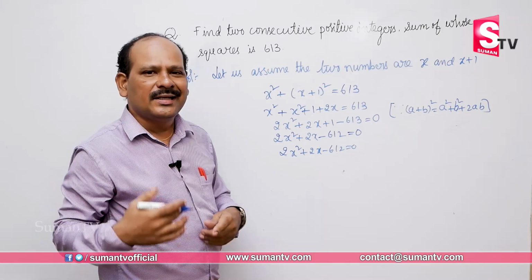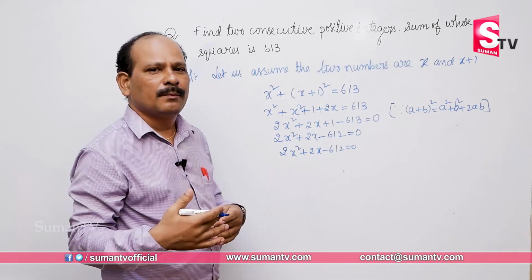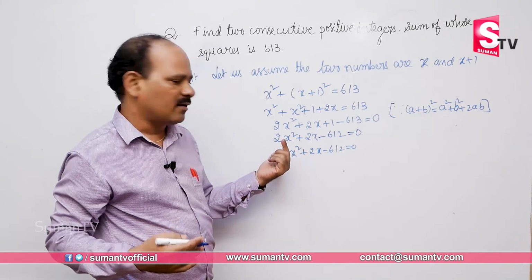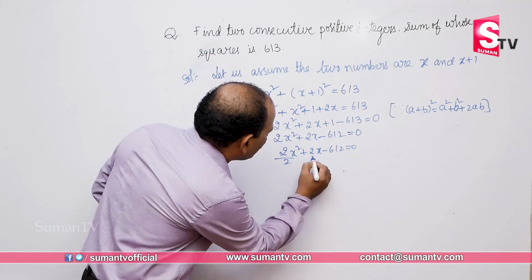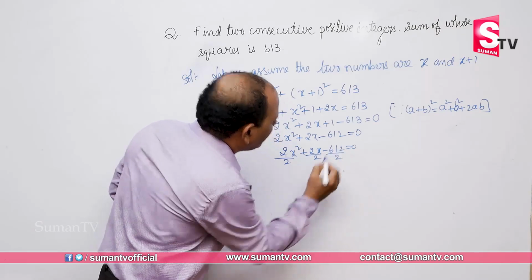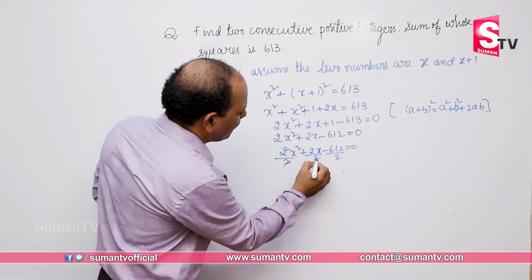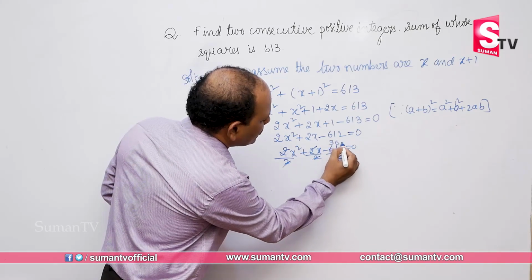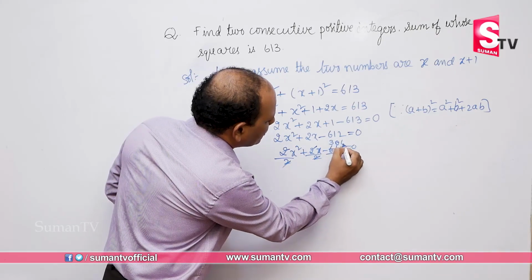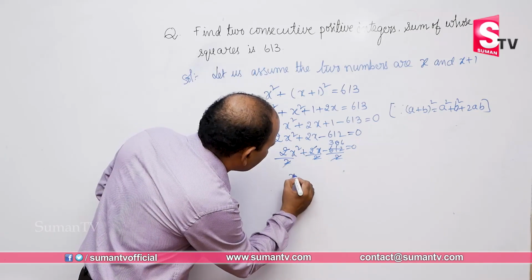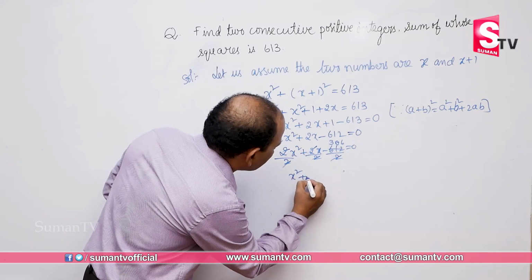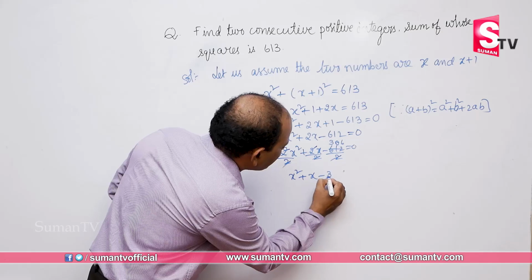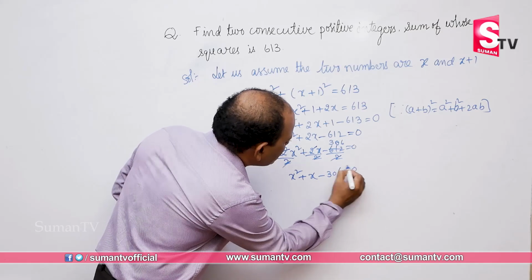So I can divide every term by 2 to make it simple. Finally the equation will come like this: x square plus x minus 306 is equal to 0.